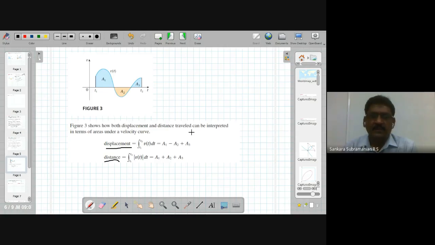In short, if they ask to find the distance, you have to find the modulus value of the velocity function. If the limits are positive, then no problem. If the output gives a negative value, then you have to split it and make it a positive one, and then proceed. Then only you will get the correct answer.